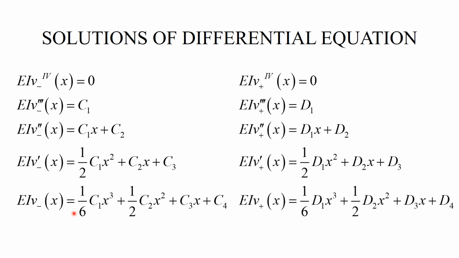Pretty much the same happens with the right branch, except that now I call the constants D rather than C. So here I have 4 C's, here I have 4 D's. Once I determine the C's and the D's, I have everything I need.